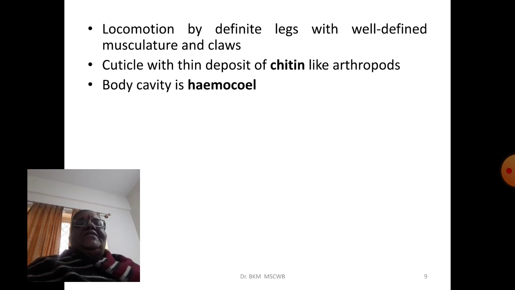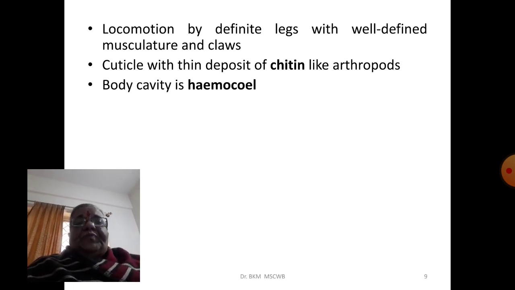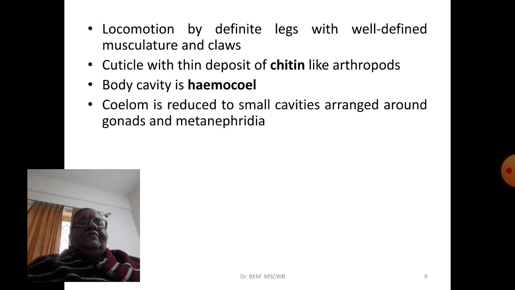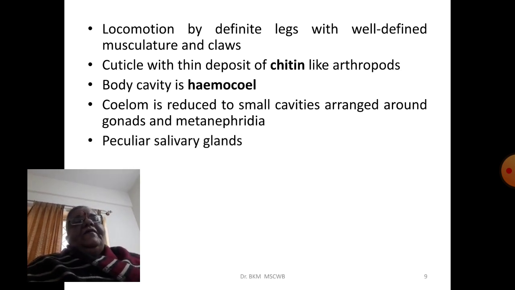Body cavity is a hemocoel, which again I have taught in my previous class while talking about general characters of arthropoda. Body cavity is a hemocoel. In this sense, it is nearer to arthropods. Then coelom is reduced to small cavities around gonads and metanephridia, so again an arthropodal feature.